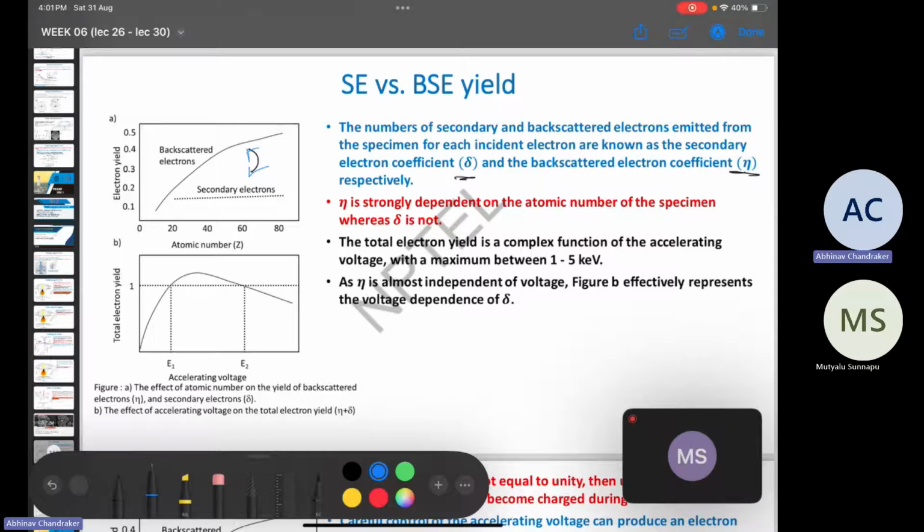So as atomic number increases, the size of the nuclei increases, and the probability of BSE generation is much more. SEs get generated by knocking out of the electrons, usually from the outer shells, so they are not as much affected by the atomic number.